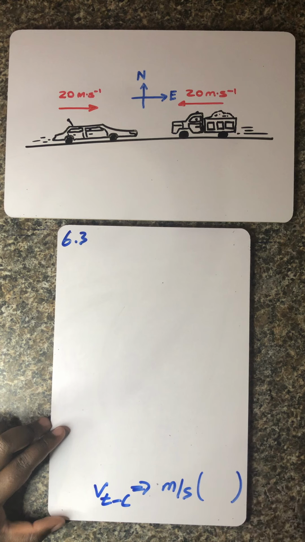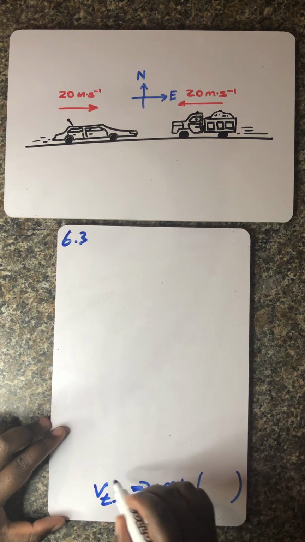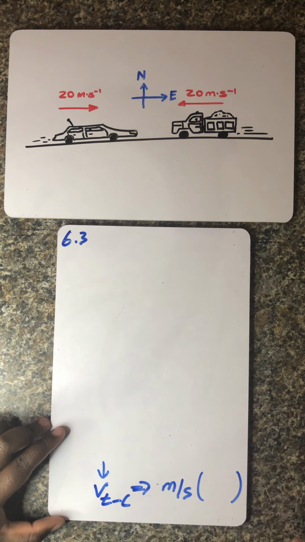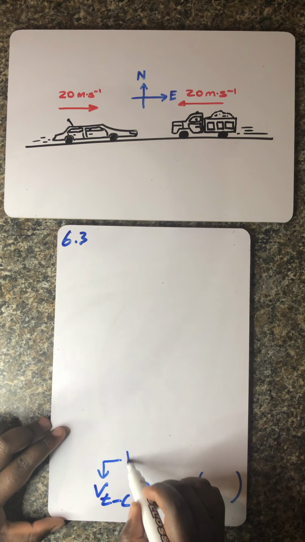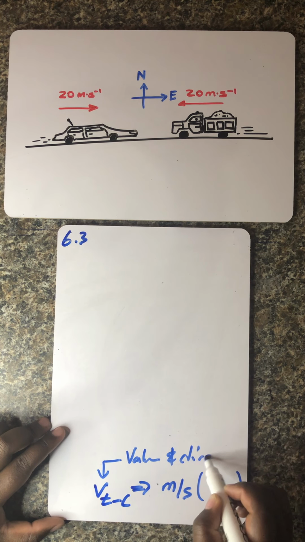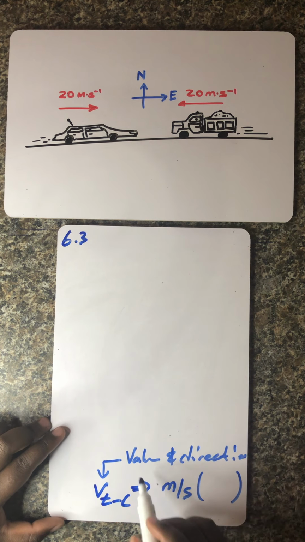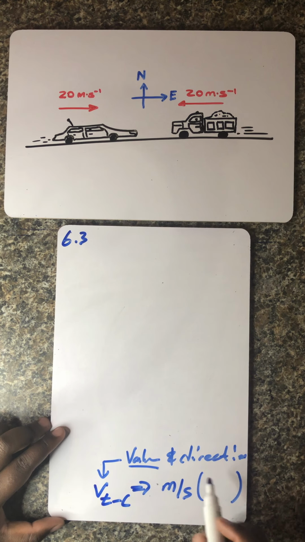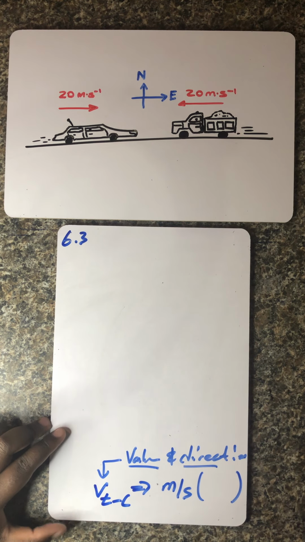Obviously, you might need to give the direction. Why? Because this is a vector quantity. What does it mean when it's a vector quantity? It means it has a value and a direction. So if you just give the value, you might lose a mark for the direction.